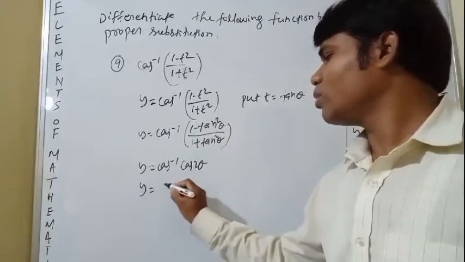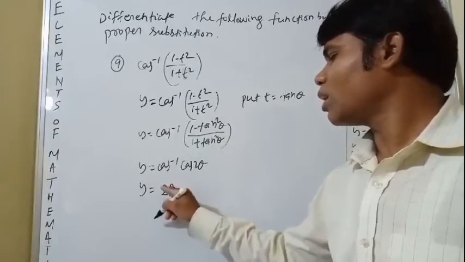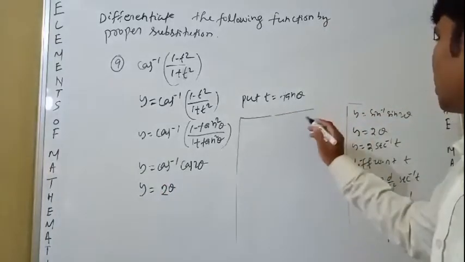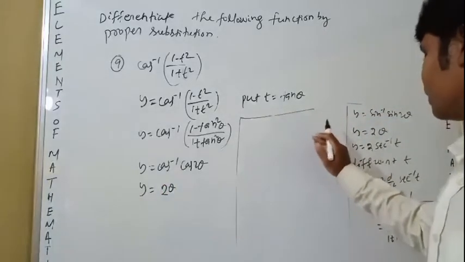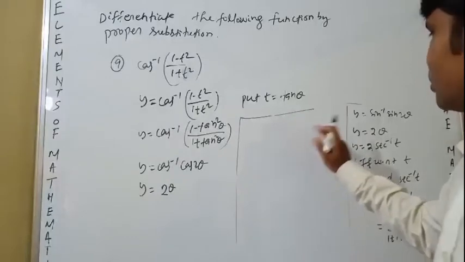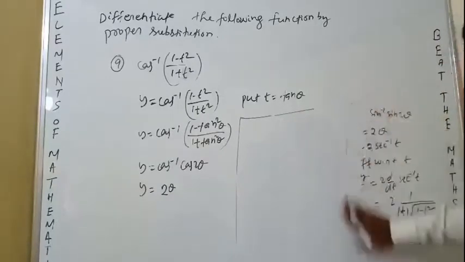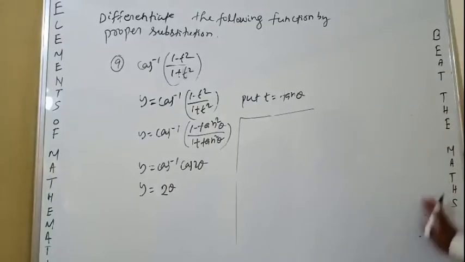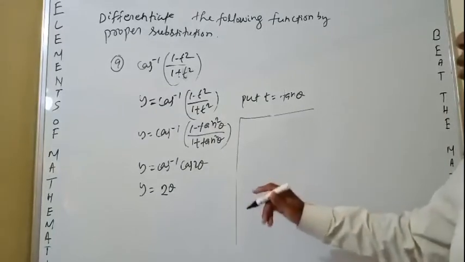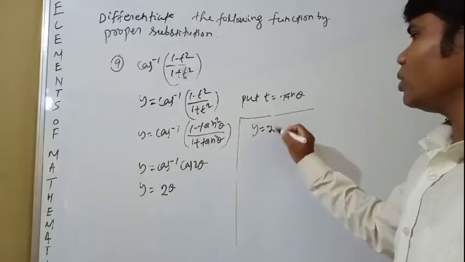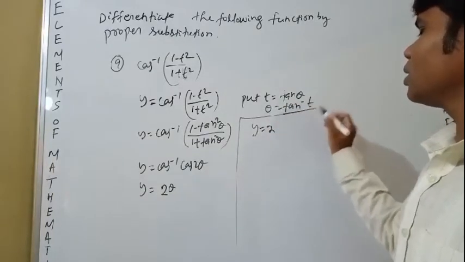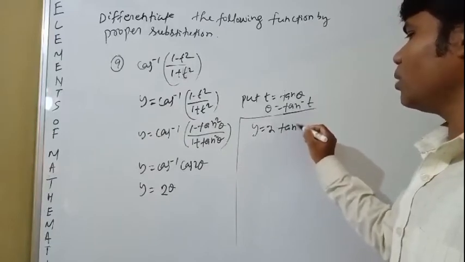So y is equal to 2 theta. That is, y is equal to 2 times theta, where theta is equal to tan inverse t.